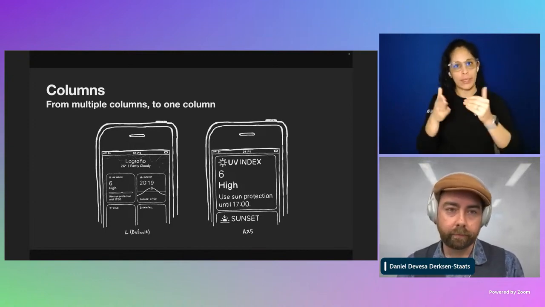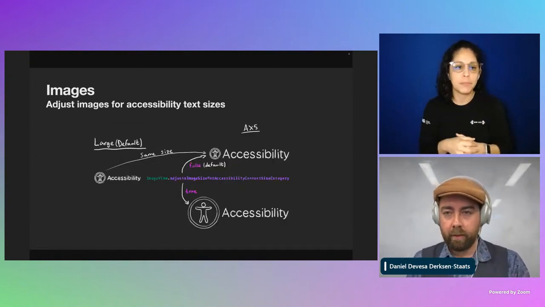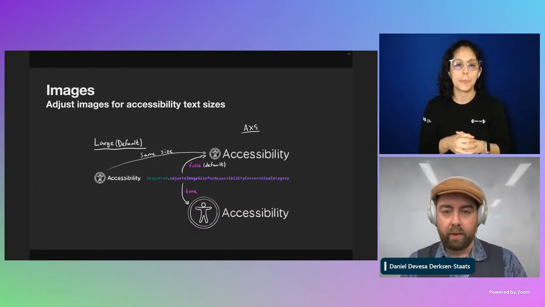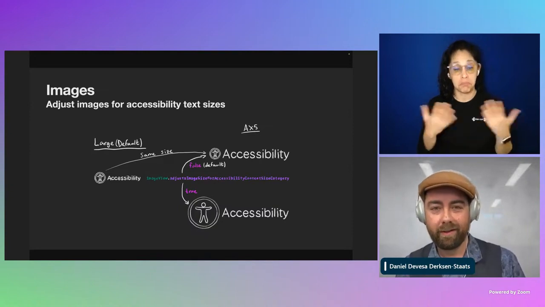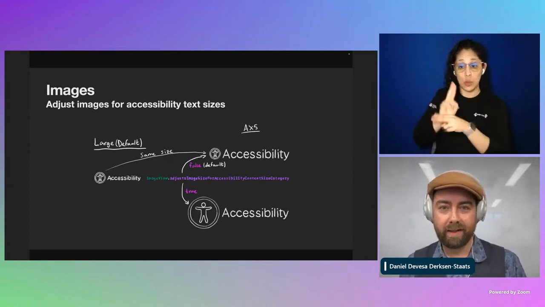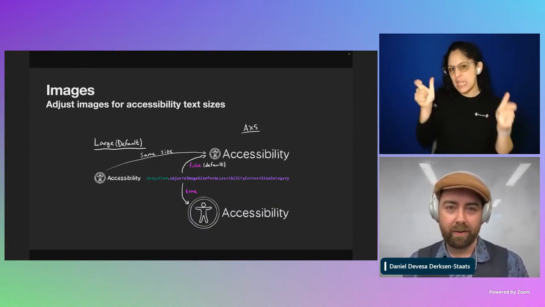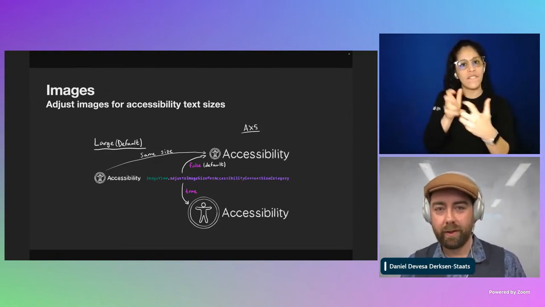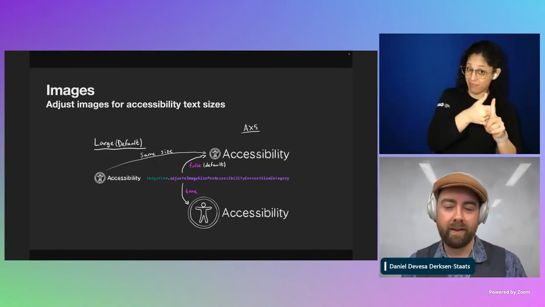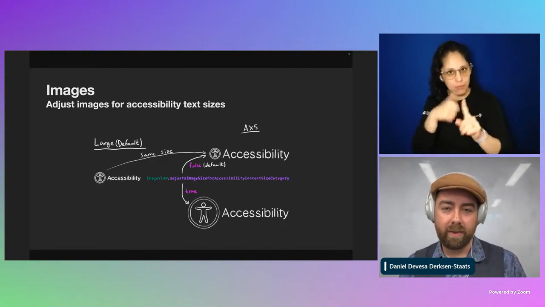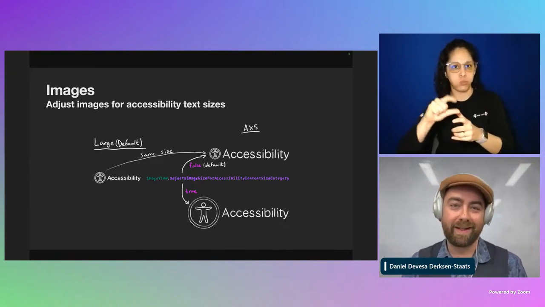And then you can make that so the text grows if the user decides to configure a larger text size, but you can also make it so the images grow if the user configures an accessibility text size. So there's a property called adjust image size for accessibility content size category.